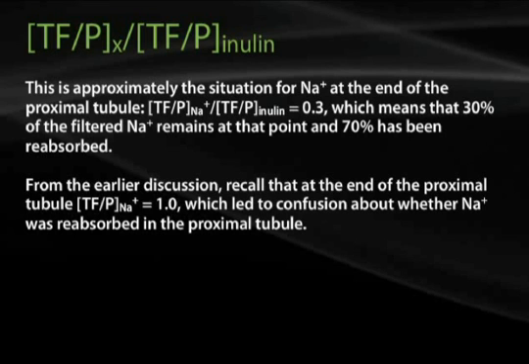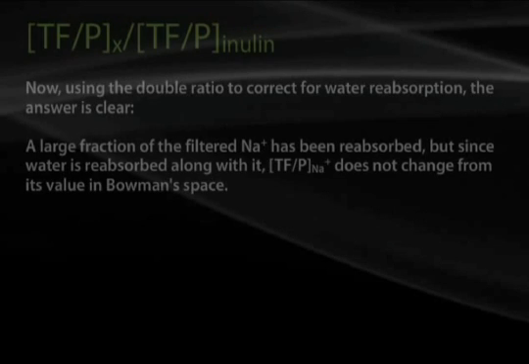This is approximately the situation for sodium at the end of the proximal tubule. The tubular fluid to plasma concentration ratio of sodium over the tubular fluid to plasma concentration of inulin is equal to 0.3. This means that 30% of the filtered sodium remains at that point, and 70% has been reabsorbed. From the earlier discussion, recall that at the end of the proximal tubule, the tubular fluid to plasma concentration of sodium itself is 1.